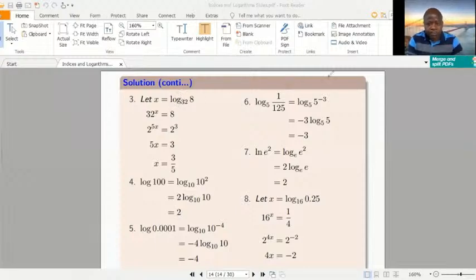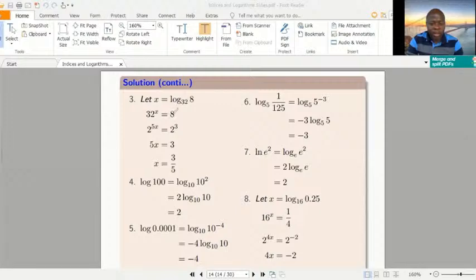This one I noticed that I could not use the same method that I've used in question 1 and 2, and so I then resorted to the earlier method where I say let x be this, and then write in the index form: 32 raised to x is 8. Then write 32 in terms of 2 and 8 in terms of 2, because I notice that 2 is the only number that is common.